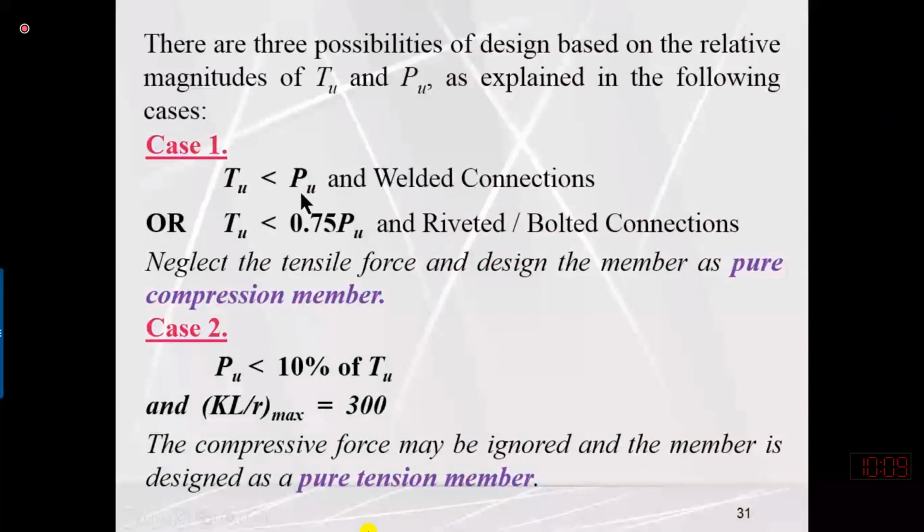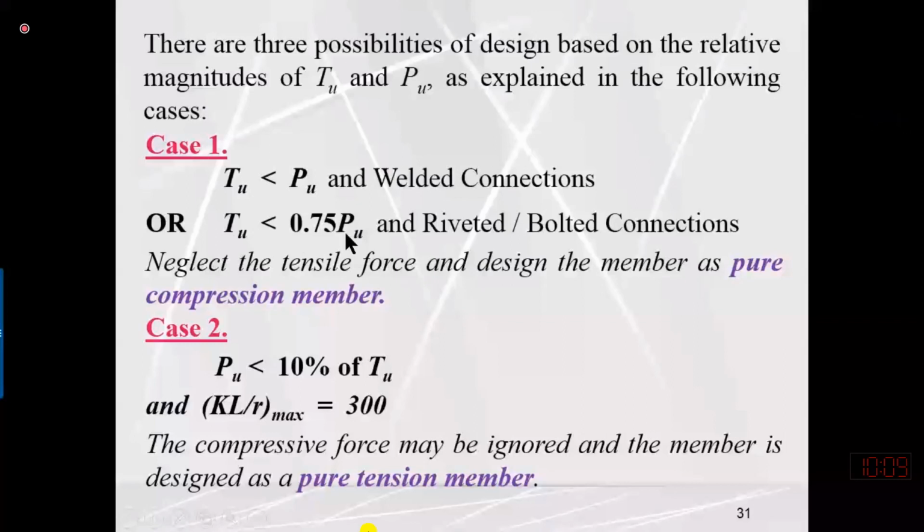Compression member, we will study the design of compression member in our next topic. But for the fastener type of connection, fastener meaning riveted and bolted, if the expected factored tensile forces are less than 75% of the factored compressive forces, then this member will be designed as a pure compression member.